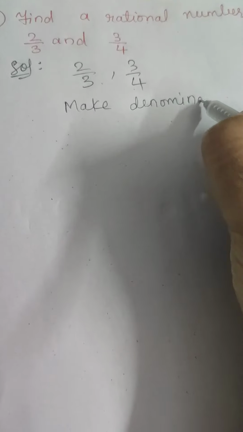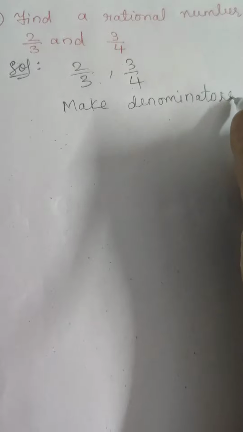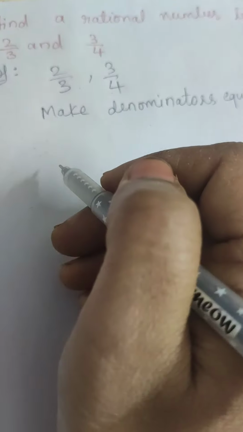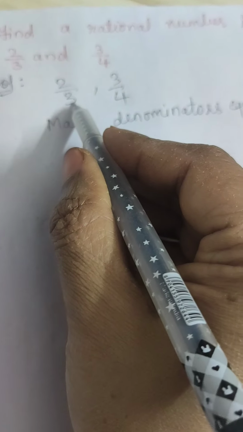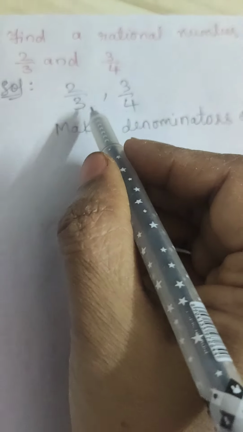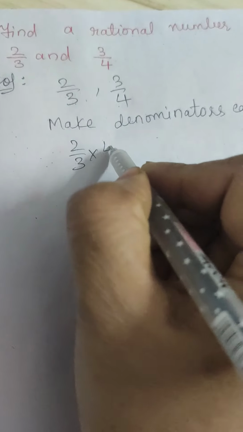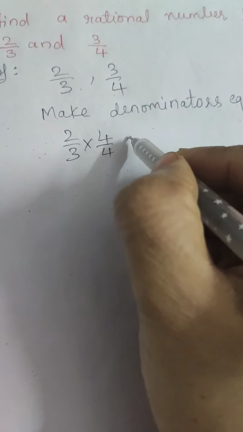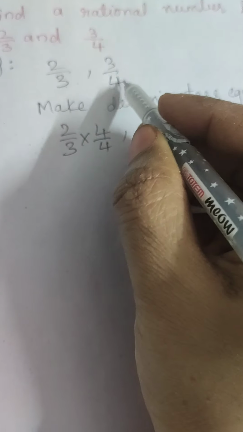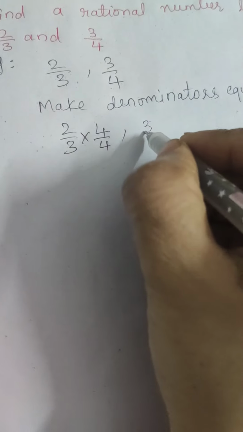For that, here I am multiplying and dividing by 4. 2 by 3 into 4 by 4, and here I am multiplying and dividing by 3.